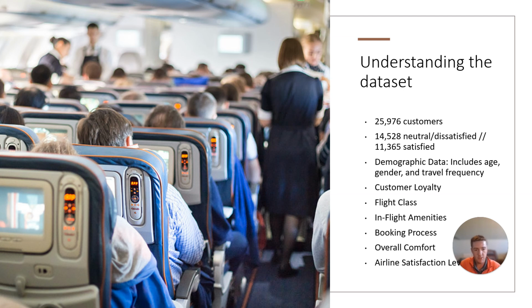The booking process, so it evaluates the process and efficiency of the overall booking process. Overall comfort. This helps judge seat comfort, legroom, cleanliness, and overall in-flight experience. And then lastly is satisfaction level, categorized as satisfied or neutral or dissatisfied, which helps gauge the overall passenger sentiment.